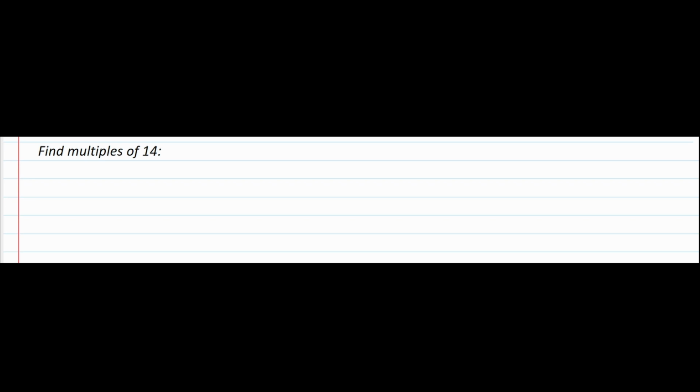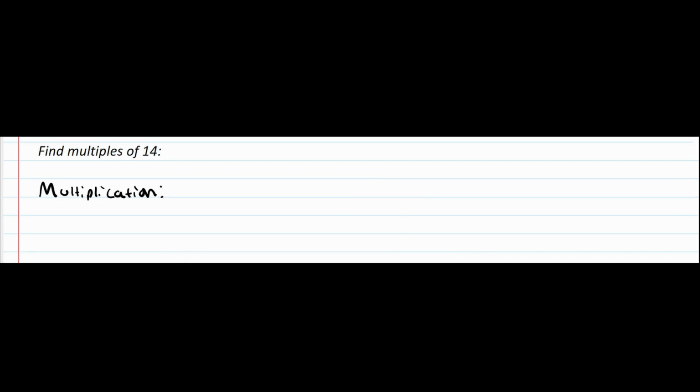So if we want to find the multiples of 14, there are different ways in which we could do it. We could use the multiplication way, or we can use the addition way. There are 2 essential ways of finding multiples, and it's multiplication and addition. Let's deal with the multiplication method.